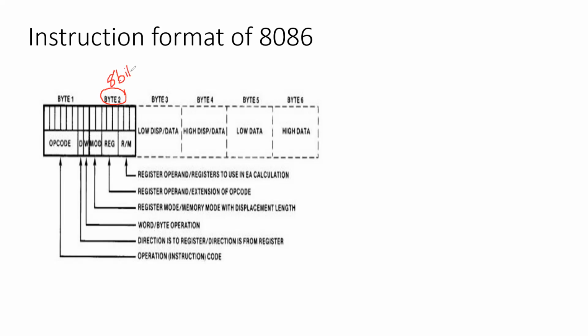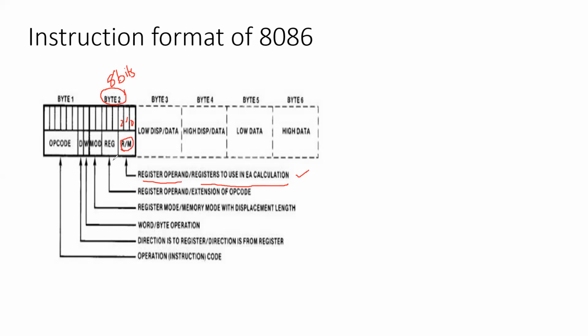Byte 2 will also have 8 bits, and if you take the first 3 bits, the 0th bit, first bit, and second bit, they will specify the register operand or the registers to use in the effective address calculation.